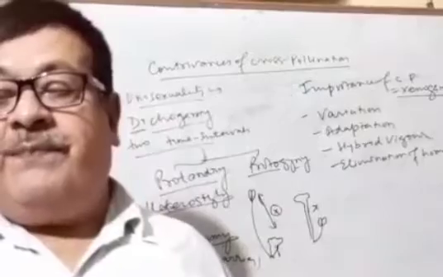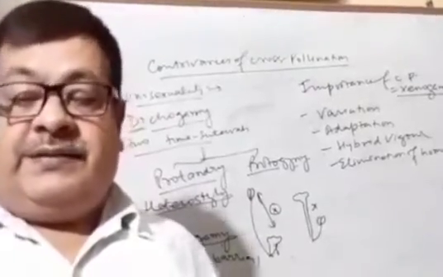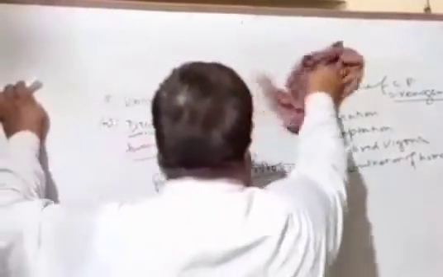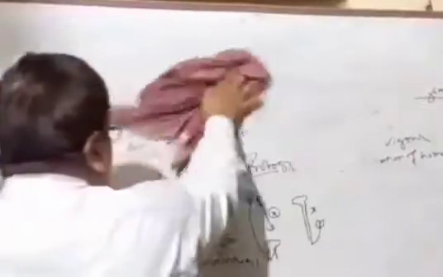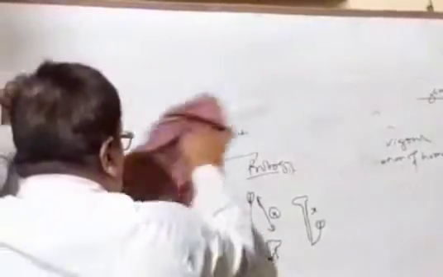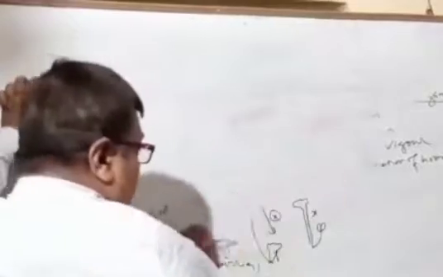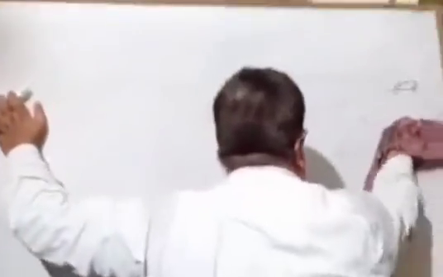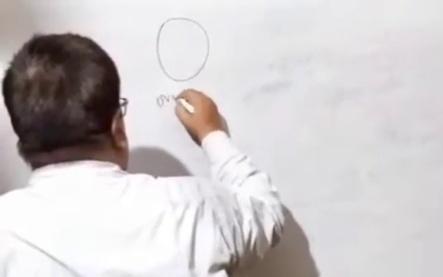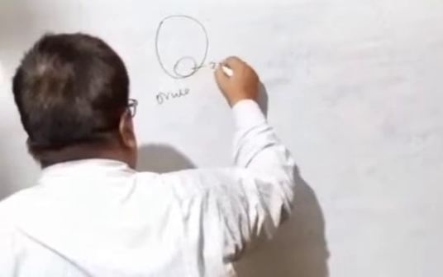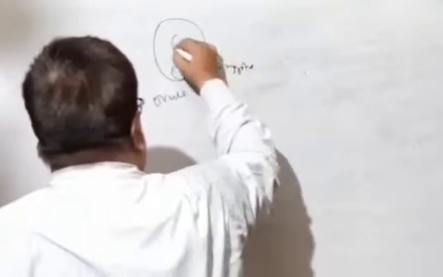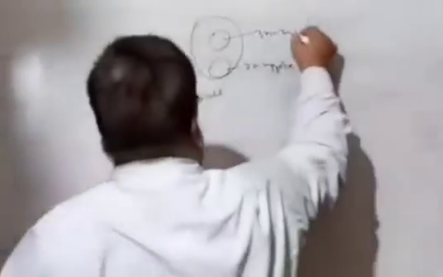Now let us see the seed and fruit. What are seeds and fruits? After pollination, there is fertilization. After fertilization, double fertilization occurs inside the angiosperms. What is double fertilization? Two different zygotes are formed in the same ovule: a 2n zygote and a 3n zygote.